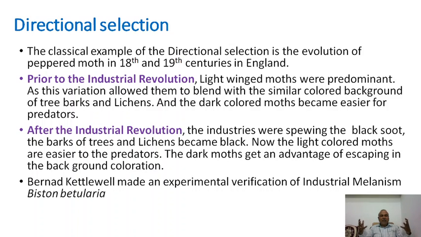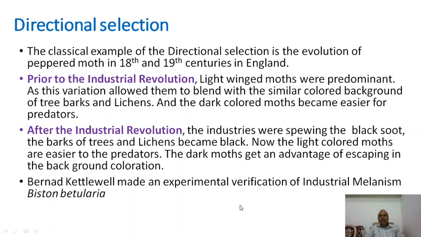After some time, when they recorded the numbers of these two varieties, in Birmingham more black-winged peppered moths were recorded, whereas in Dorset more grey-winged peppered moths were recorded. So you see a shifting of fit value in the two places occurred. This is called directional selection.